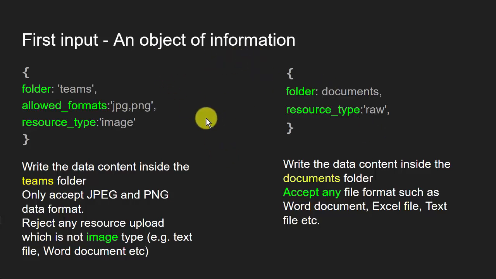Here are two examples. Let's have a look at the first example. This object of information has three property-value pairs.